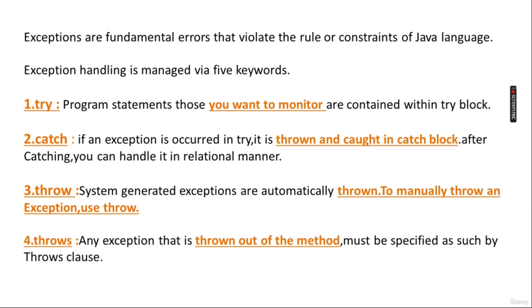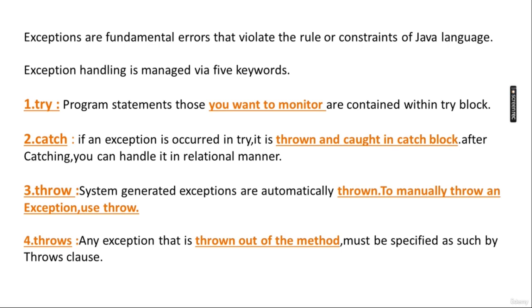Then that program will be written, and if at runtime you think a particular exception may occur and it actually occurs, that exception will be thrown and caught in the catch block. If an exception occurs in try, it is thrown and caught in the catch block. After catching, you can handle it in a rational manner. It is dependent upon you.